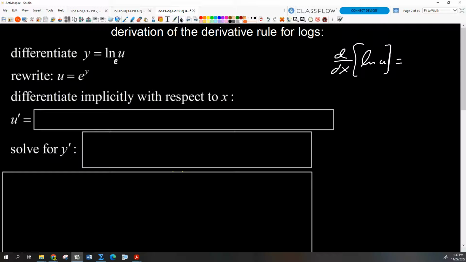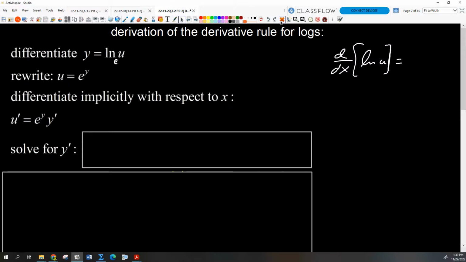E to the y, right? So the derivative of e to the y with respect to x is going to be e to the y times y prime by the chain rule. Everybody see that? Because you're differentiating with respect to x. The derivative of e to the y is e to the y times the derivative of y. The derivative of y with respect to x is y prime. Okay, so I get that.